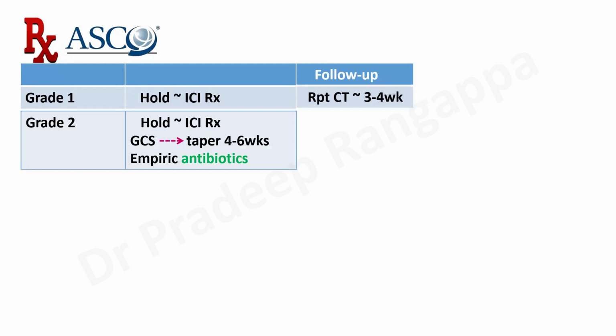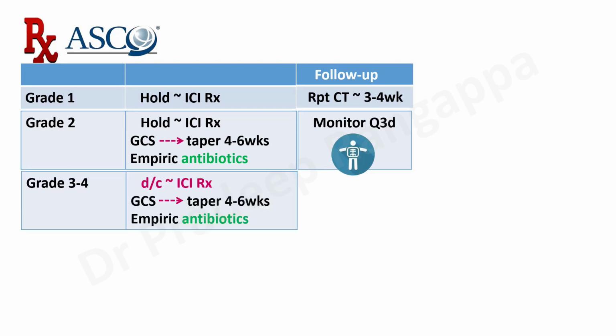Grade 2 is to hold the treatment, and glucocorticoids have to be started with prednisolone 1 milligram per kg and tapered over 4 to 6 weeks. Empirical antibiotics are suggested until you rule out infection with procalcitonin and multiplex PCR, and so forth. Monitoring of the patient has to be done every 3 days, and some radiological follow-up has to be done to see that it is not progressing.